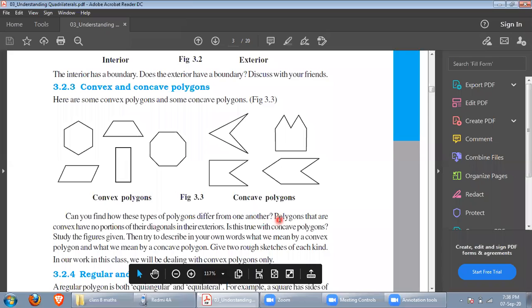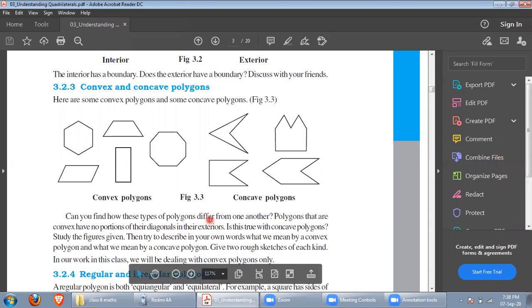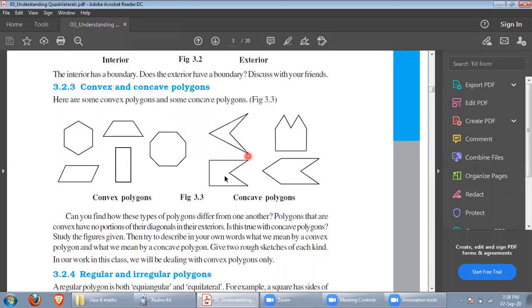It says polygons that are convex have no portions of their diagonals in their exterior. For this type of polygon, all the diagonals lie inside the polygon. And for concave polygons, every diagonal doesn't lie inside the polygon. Some diagonal lies outside the polygon.